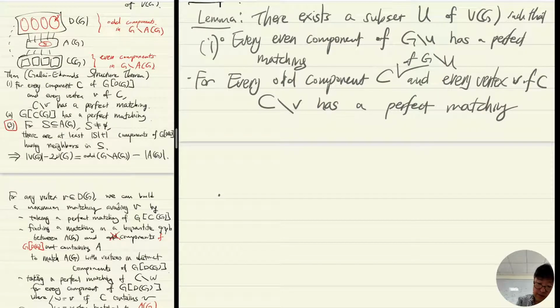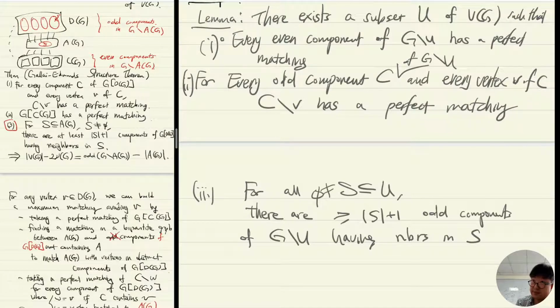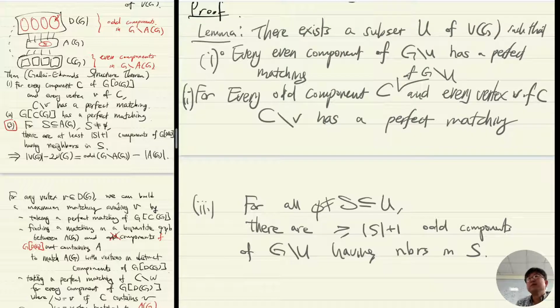So let's say this is 1, this is 2, and 3: for all S subset of U which is not empty, there are at least |S| plus 1 odd components of G delete U having neighbors in S. So this is what I'm gonna prove instead.